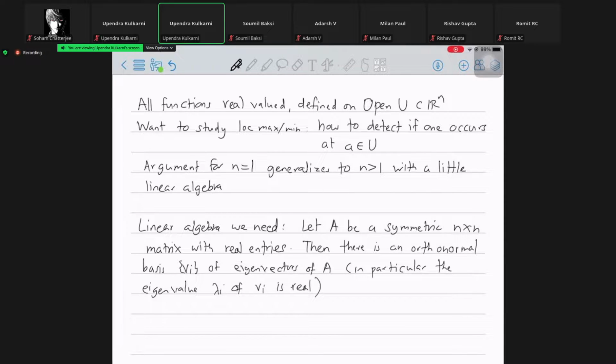But moreover, these v_i form an orthonormal basis. So we have P A P inverse is equal to a diagonal matrix, but P inverse is equal to P transpose.